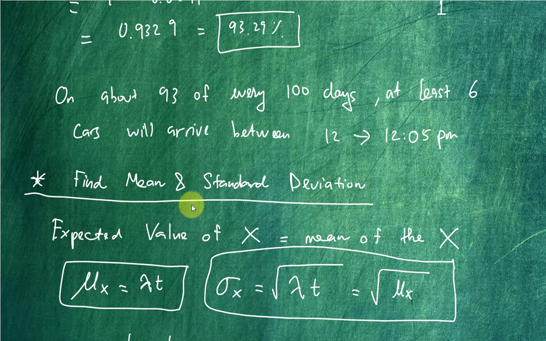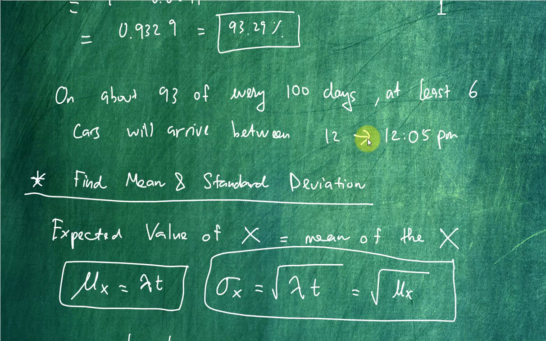Okay, so now let's move on to the last objective of this section, to find the mean and the standard deviation of the Poisson probability distributions. Consider the last few examples. We have 2 cars per minute arriving at the McDonald's between 12 noon and 1 p.m. How many cars would you expect to arrive between 12 and 12:05 p.m., considering that 2 cars arrive every minute on average?